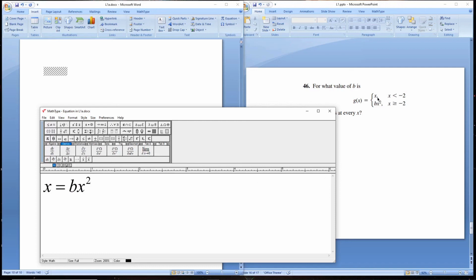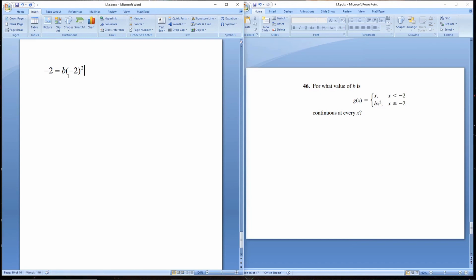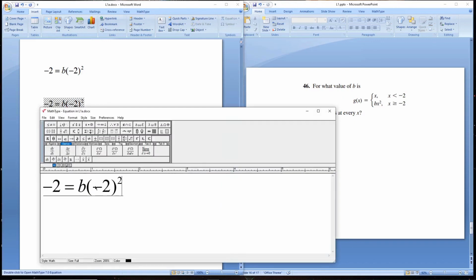We want to know at what value of b these will touch when x is -2. And there's our equation. And so -2 squared is 4. Dividing both sides by 4, we can simplify that into a half.